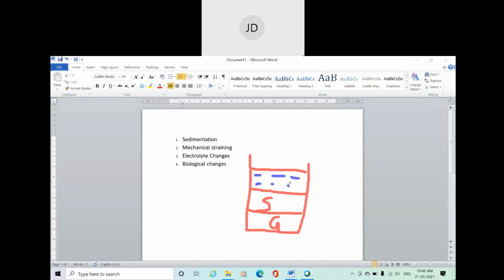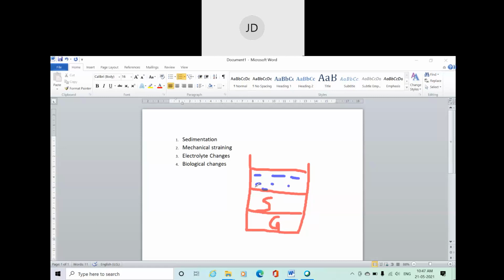Biological changes means what? I already told you that if you use a finer sand here, the voids will be very small, of course, and because of that most of the impurity will be stuck in the top layer. I will give a different color for impurities, say black.